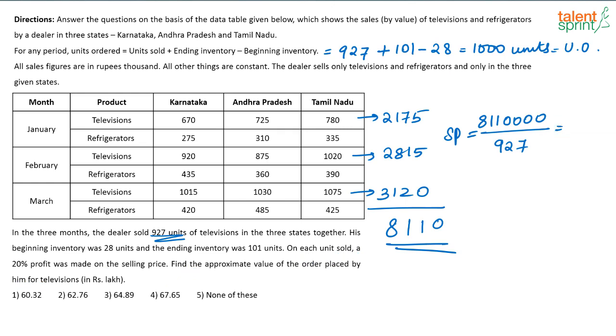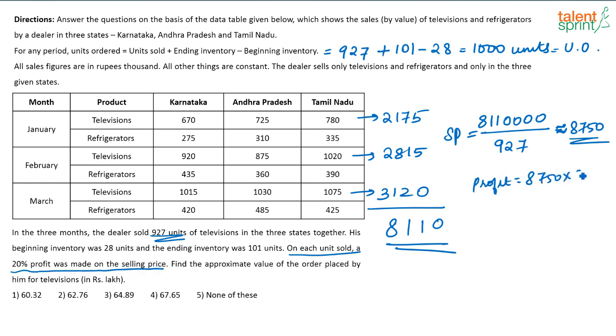First find this out. This will approximately come to 8,750. Now in this selling price, there has been a profit of 20%. So what is the profit that is made per unit? On each unit sold, a profit of 20% is made on the selling price. So what is the profit made?